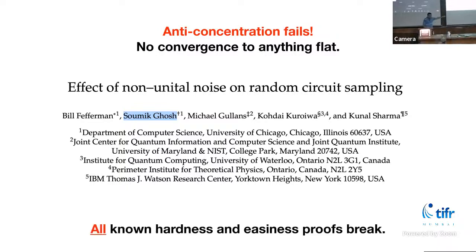So the hardness proofs break, but the classical simulators that we saw break as well. So the punchline is, for realistic random circuits, we do not know if the task of random circuit sampling is hard or not. There's no proof. But there's no proof that this can be classically simulated either. This was our recent work.